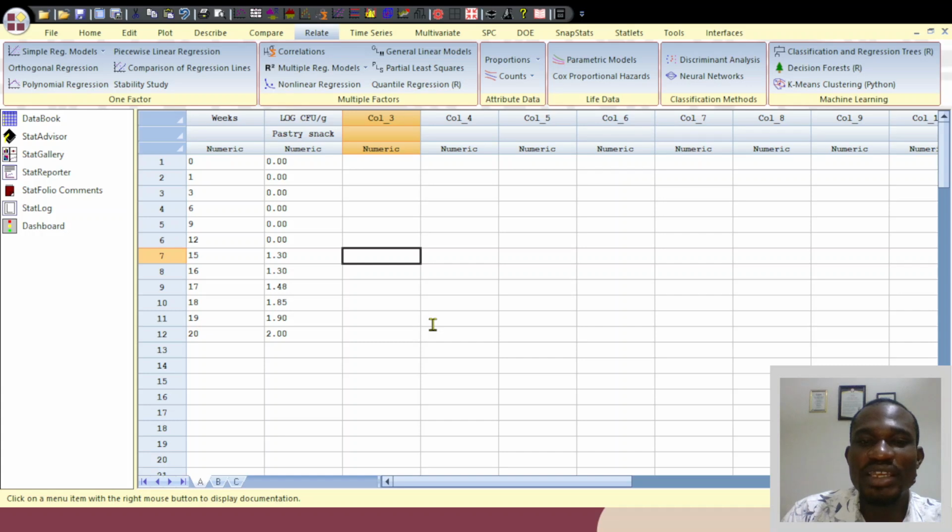But normally for shelf life, we are looking at the upper specification limit at which the product has gone bad. And so, as I mentioned earlier, for pastry products, in the context of what we are doing, it is 4 log CFU. So I'll put the 4 here, or 4.00, and I'll go to OK.